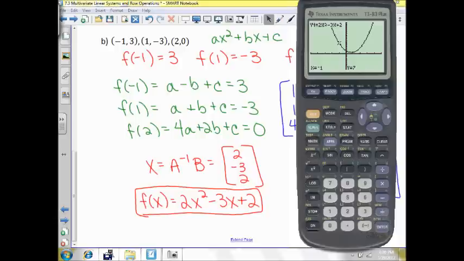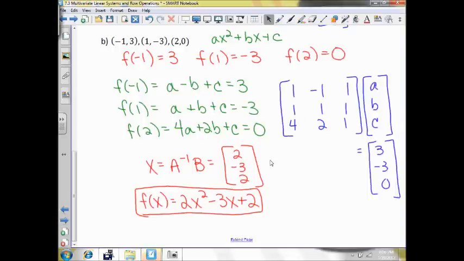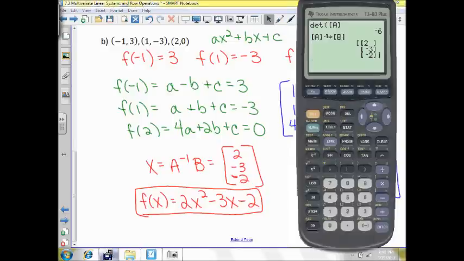It should be 7. I think I might have put a wrong number in here. This should be a negative 2 here, which means this will be a negative 2 here. My mistake, not reading the calculator correctly. Let's try this again. That should be a minus 2.